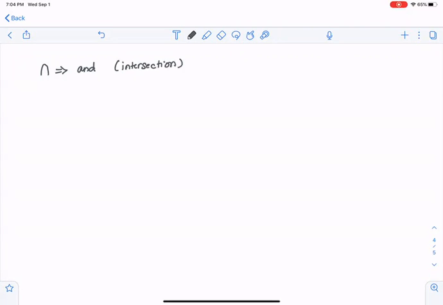So we would have two inequalities, and we want to find something that is common to both. So our objective is to find the region common to both.